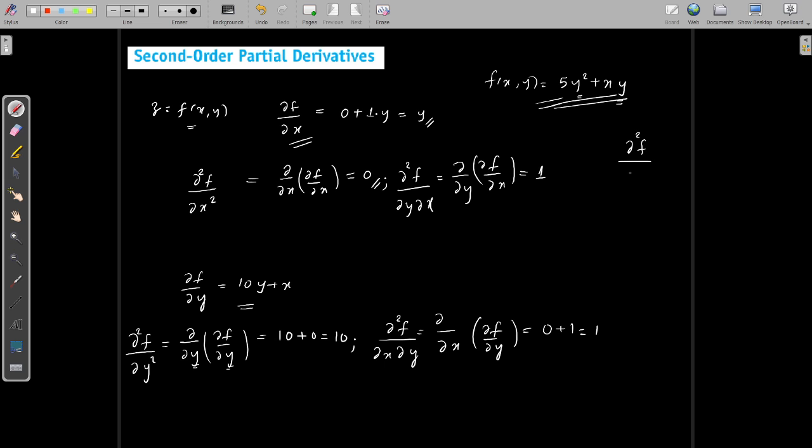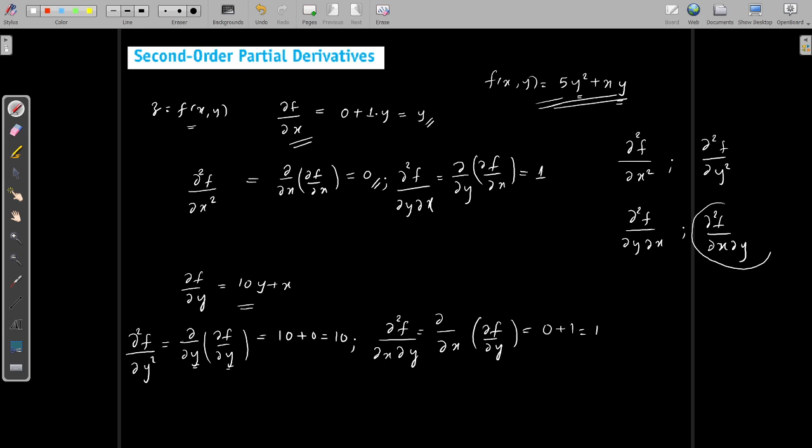The first one is d square f by dx square, then d square f by dy square. Similarly, you can write d square f by dy dx, then d square f by dx dy.